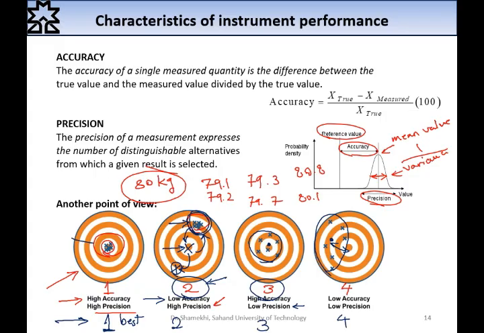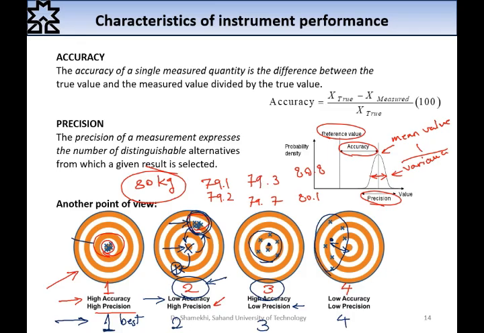We can use a well-known example of some shooters. We have 4 shooters: shooter number 1, shooter number 2, shooter number 3, and shooter number 4. As you can see, they shoot at a target. The first one shoots at the center of the target with high accuracy.